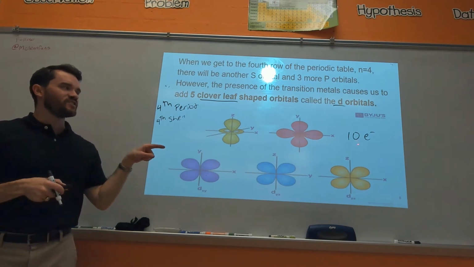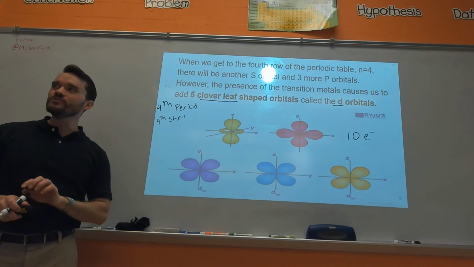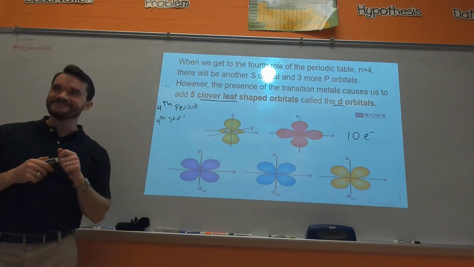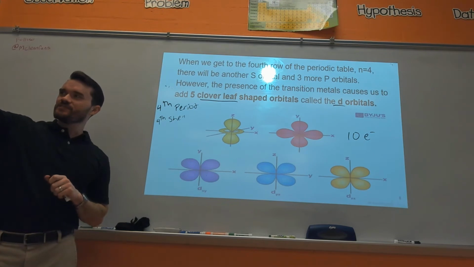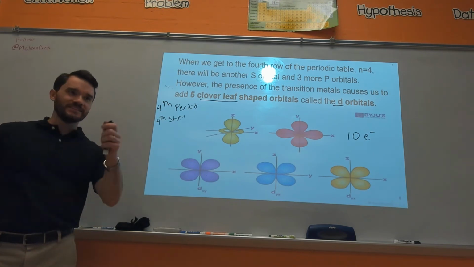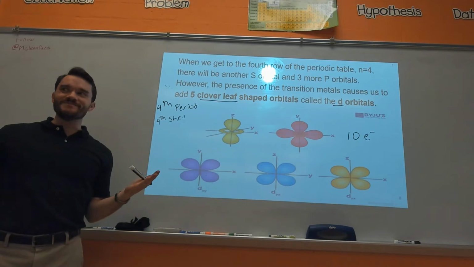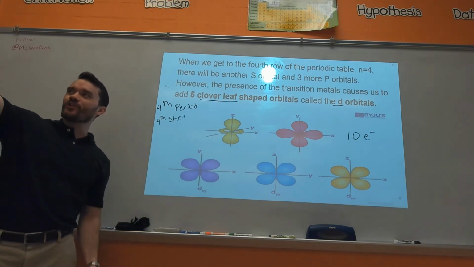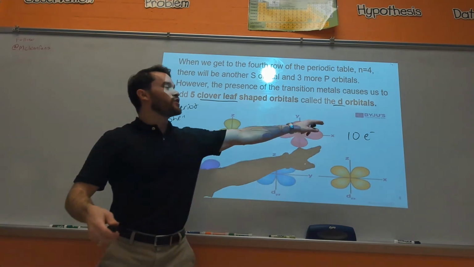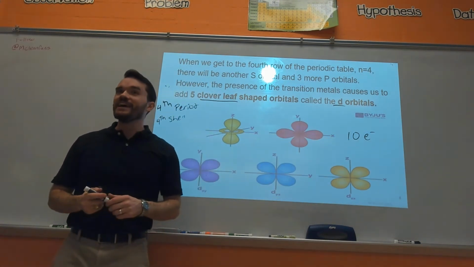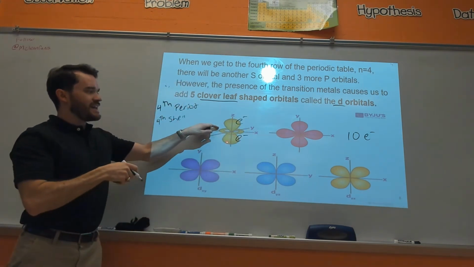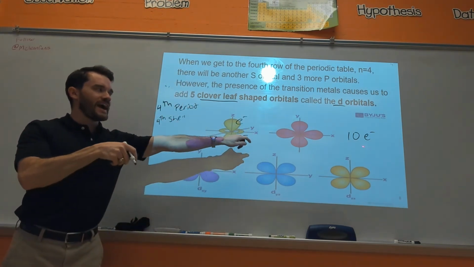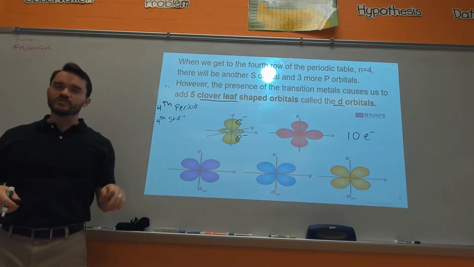What do you notice about the transition elements? Look at your periodic table. Start counting from 3. There's 10 of them. Every time you go across a period on the periodic table, you count 10 transition elements. That is why you can hold up to 10 electrons. 2 electrons can go in each of these 5 orbitals, adding up to 10. So that's why there's 5 of them.